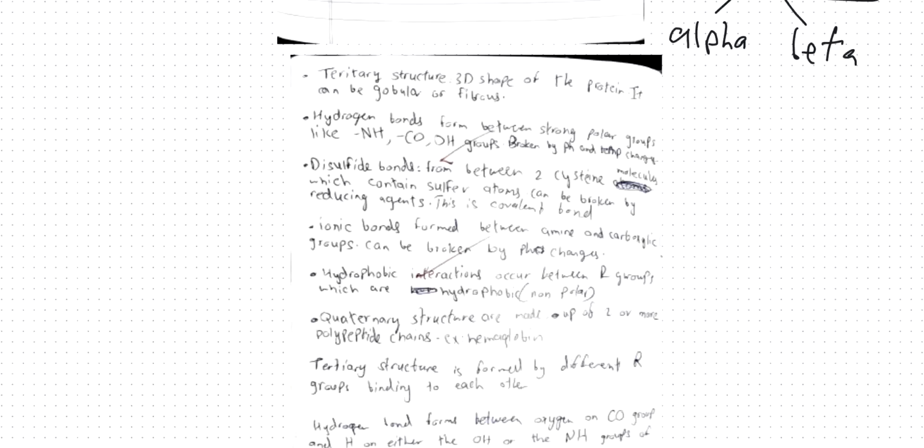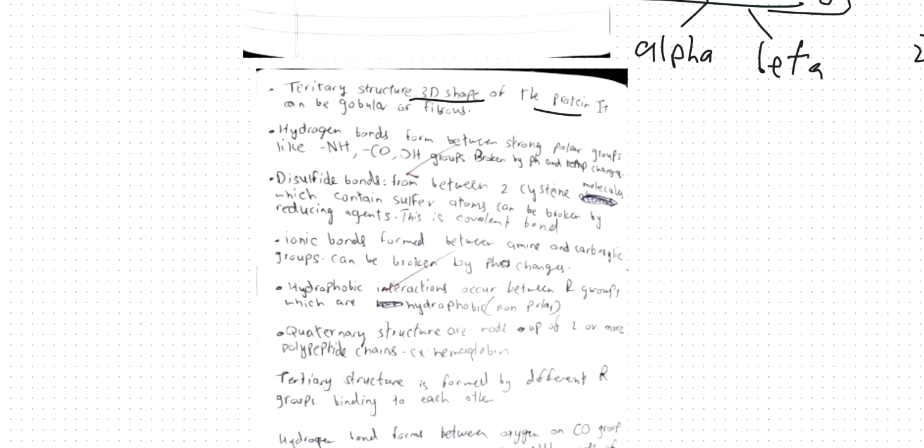What is a tertiary structure? It is the 3D shape of proteins. It can be either globular or fibrous. And tertiary structures have 4 different types of bonds. The hydrogen bonds form between strong polar groups like NH or CO from the carboxylic group and OH, and these can be broken by pH and temperature changes.